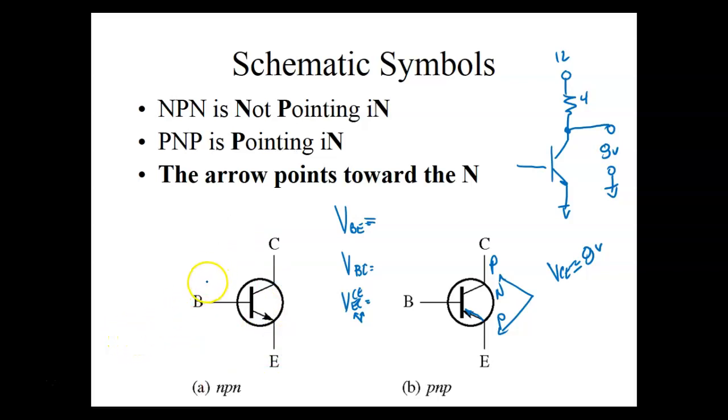That means we're going to have to make the base positive with respect to the emitter. That makes sense?